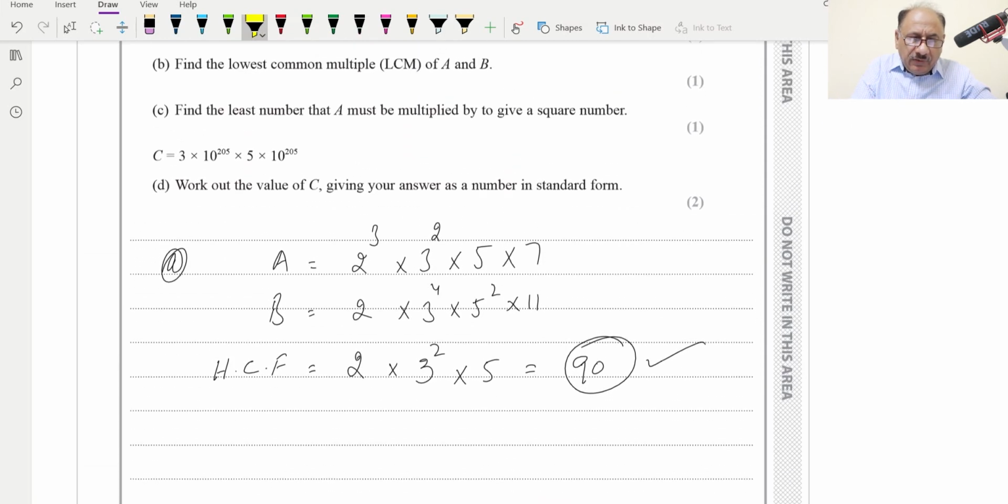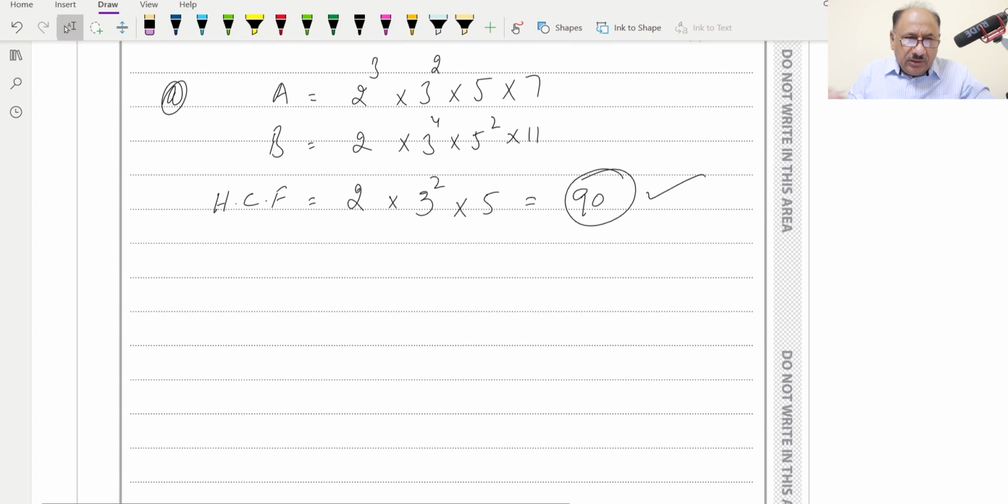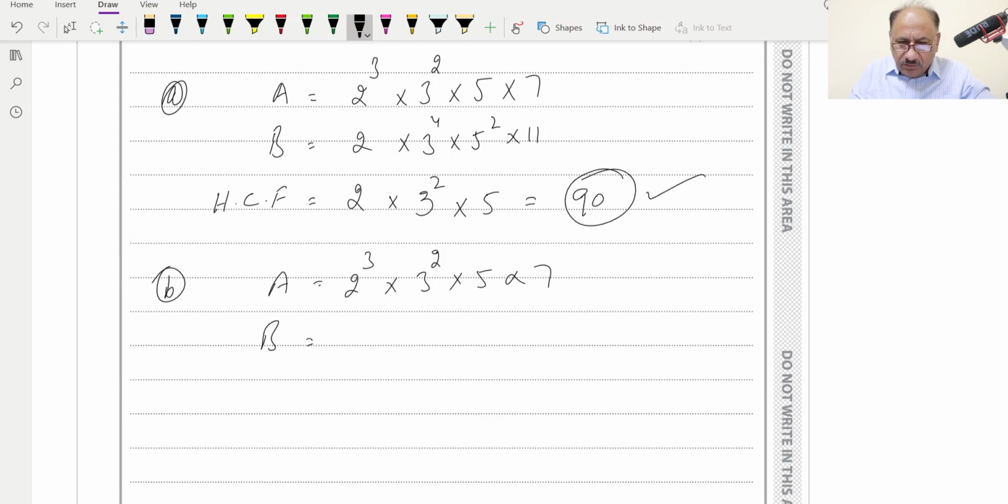B part is saying find the least common multiple or lowest common multiple LCM of A and B. So now again we will write A and B for B part. A is equal to 2 raised to 3, 3 squared, and 5 and 7, and B, I'm copying from the previous part, 2 into 3 raised to 4 into 5 squared into 11.